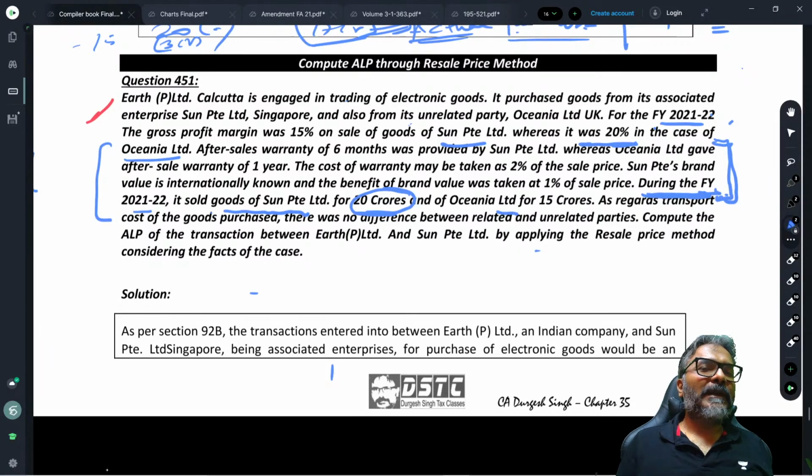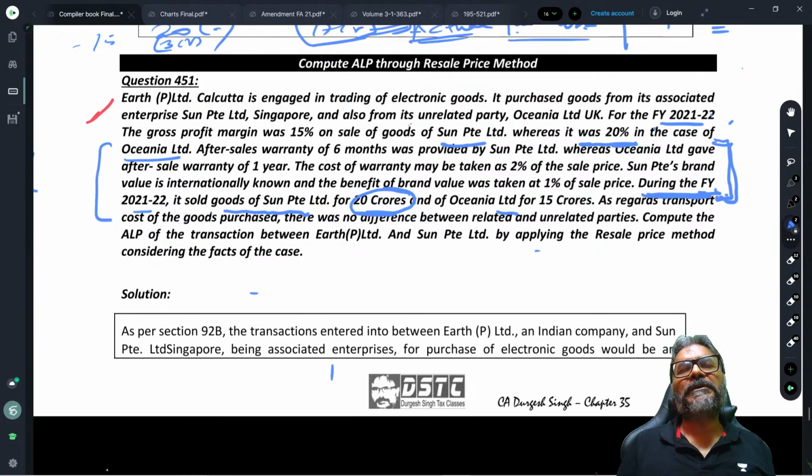The after sales warranty of 6 months was provided by Sun Pte Limited, whereas Oceana Limited gave after sales warranty of 1 year. So Sun is providing warranty, and if warranty is in the price, the price will increase.